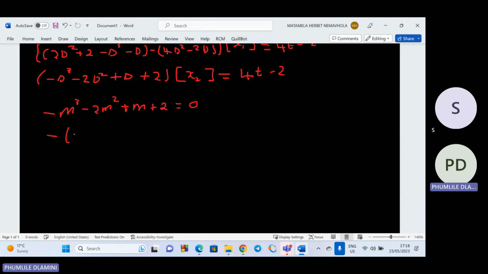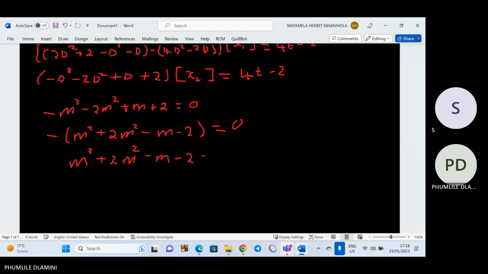If we take out the negative, we're going to be left with m cubic plus 2m squared minus m minus 2 equals 0. Then we multiply by negative 1 on both sides. We're going to be left with m cubic plus 2m squared minus m minus 2 equals 0.